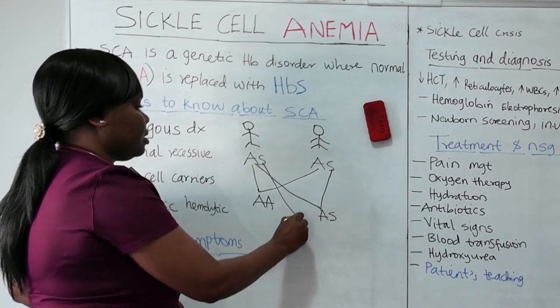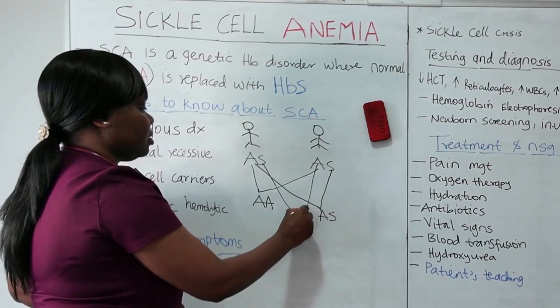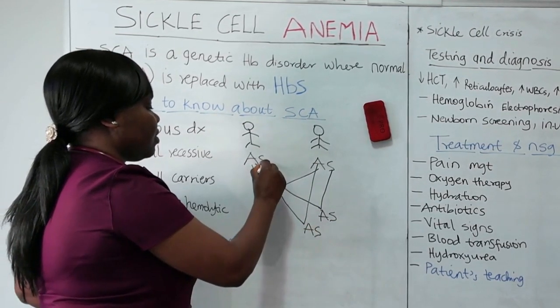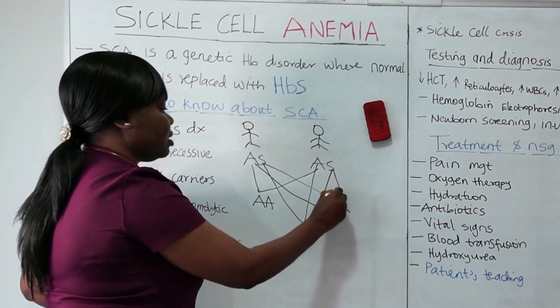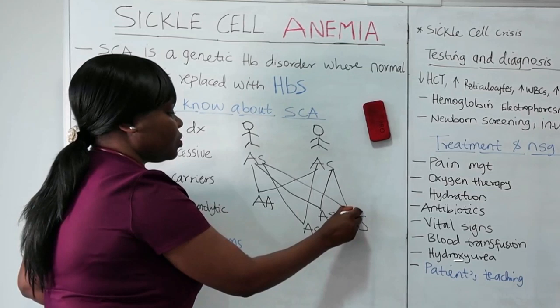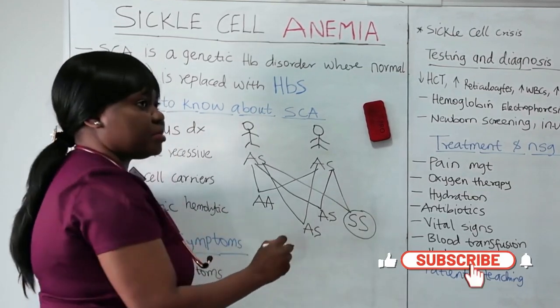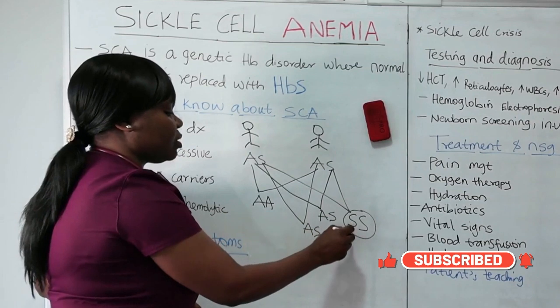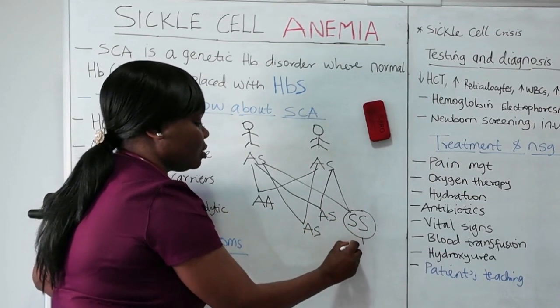The father releases the S gene, the mother releases the A gene. They're going to have another AS. Now, if the father releases the S gene and the mother releases the S gene, what they are going to have is the SS. So this is the homozygous disease, where the problem is. It has to be homozygous, it has to be recessive, for this person to have the disease. So this is sickle cell.